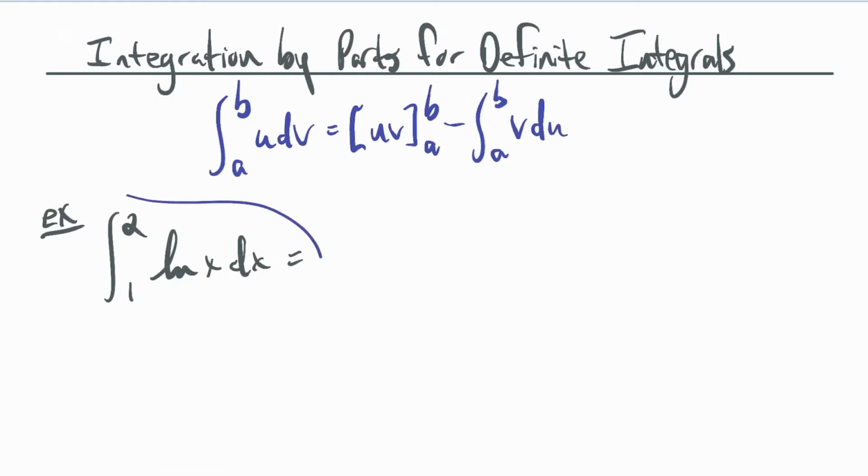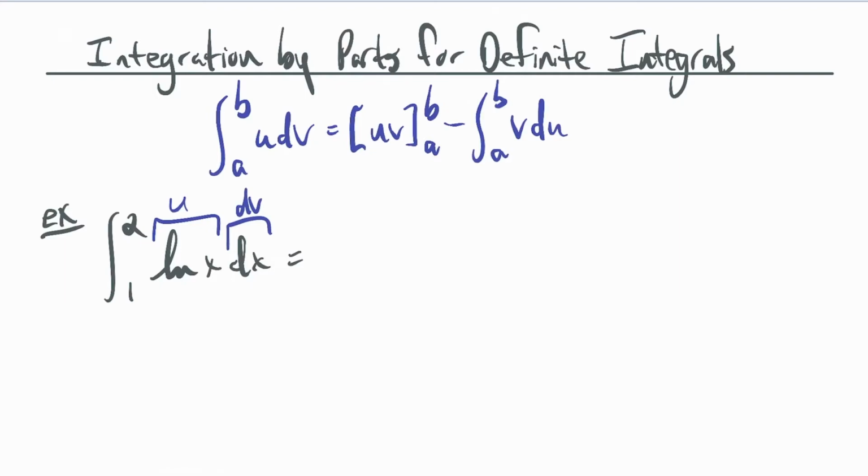In order to apply it to this one, we're going to use a different approach to finding the antiderivative. I'm not just going to cite the one we just got done doing. I'm going to use a slightly different method. So I'm going to say that u equals ln of x and dx is dv, okay?